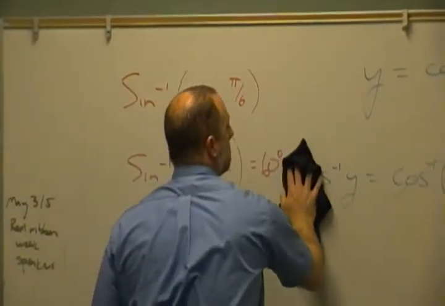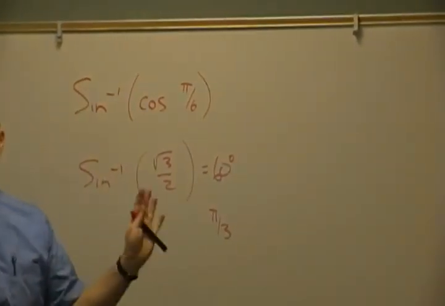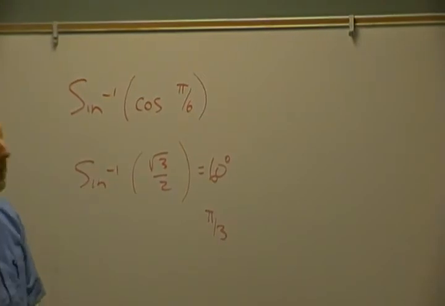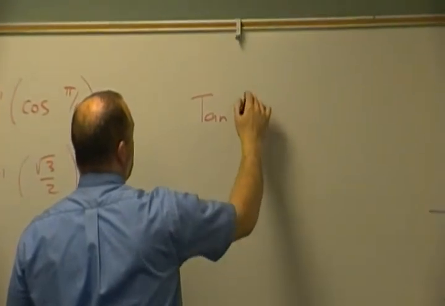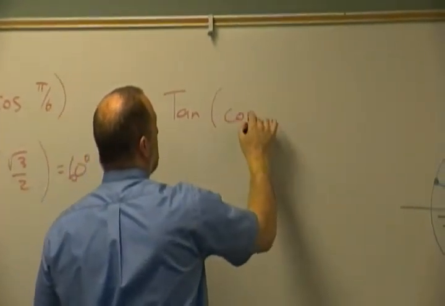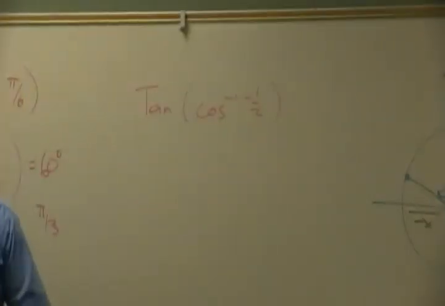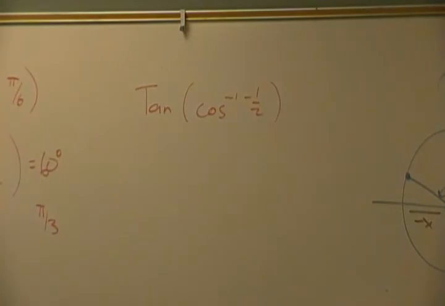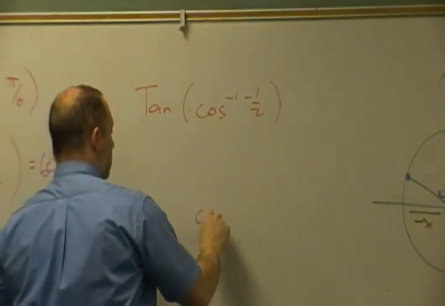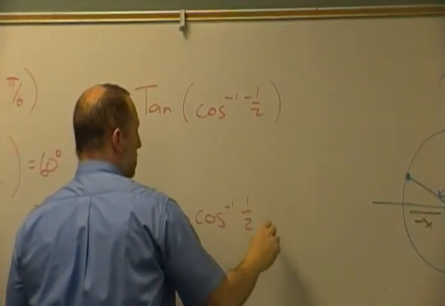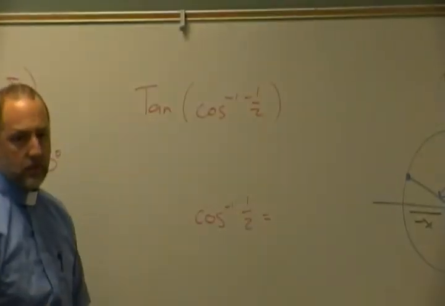What about something like this? Instead of doing sine inverse of cosine, what if I do it the other way? What is tangent of cosine inverse of -1/2? One way of thinking about it is like this. I want to know what cosine inverse of 1/2 is, so I can set it equal to some variable.